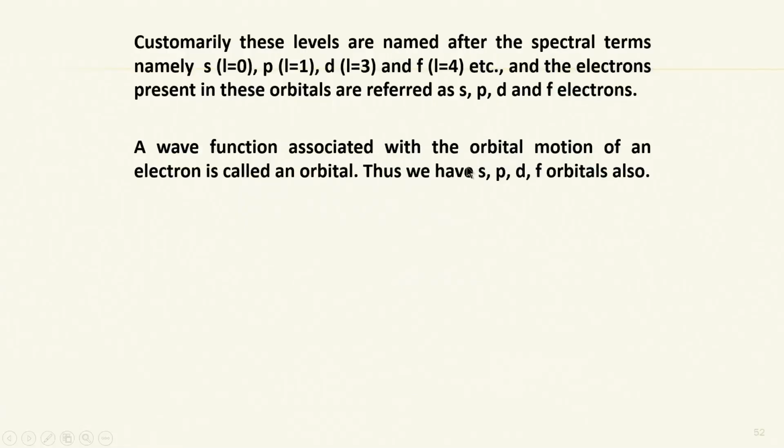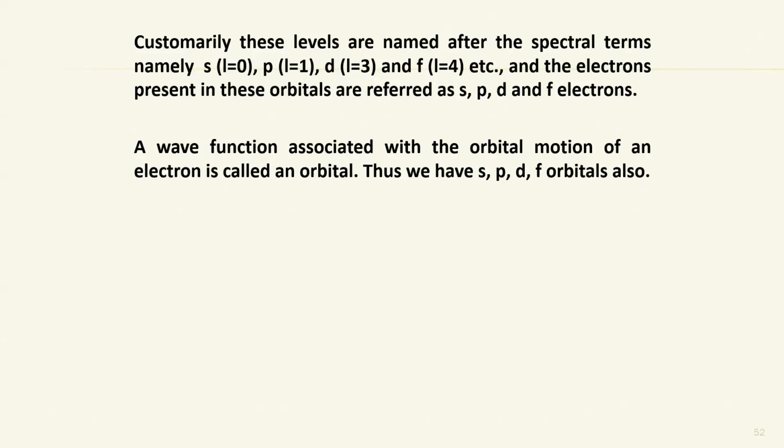And yesterday I told you that the movement of a wave can be described by what is the height of the wave, what is the distance of the wave, and how many cycles are completed per minute or something, that is frequency. So, the wave function of an electron in orbital motion is called an orbital. So, we have SPDF orbitals also.